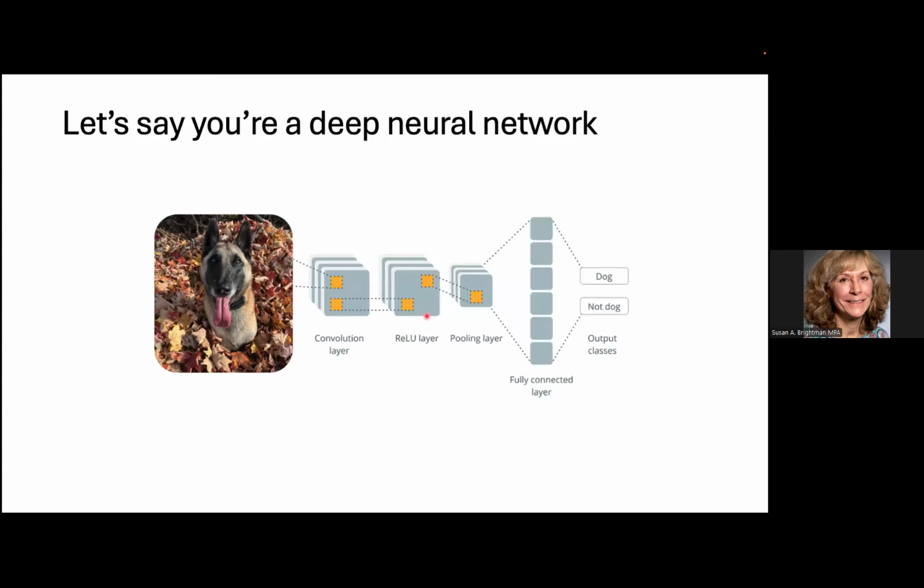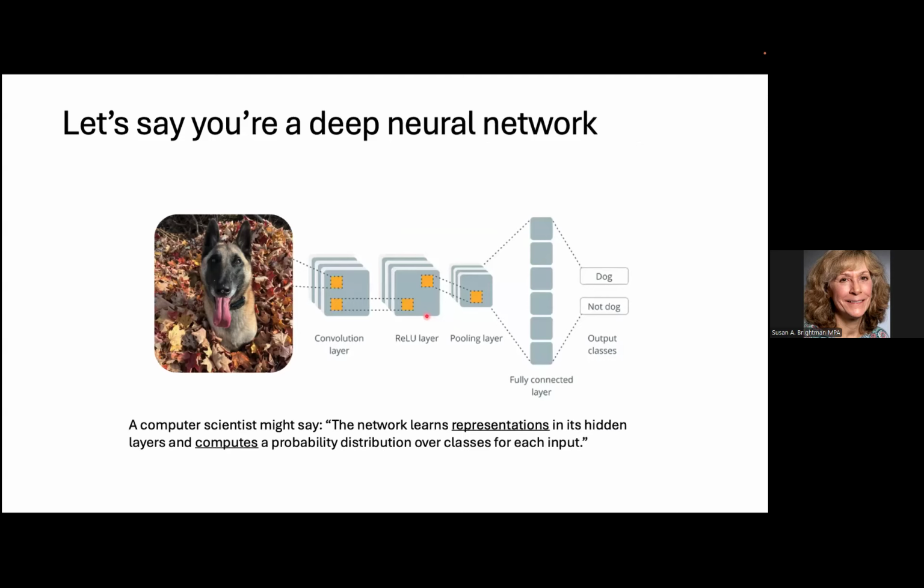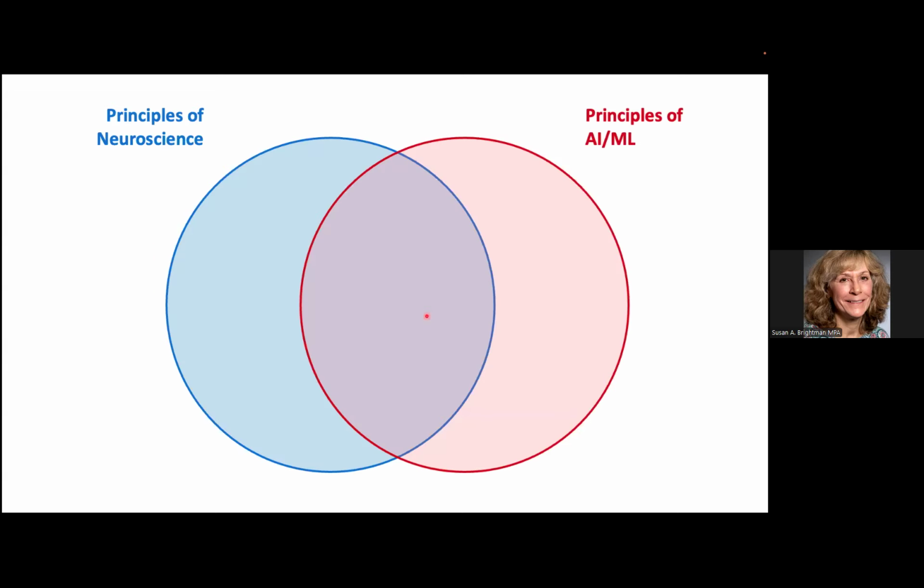Or let's say you are a deep neural network. A machine learning researcher might look at this and say that this neural network learns some representations in the hidden layers and computes a probability distribution over classes for every input that we give it. So there's some clear overlap in terminology here.